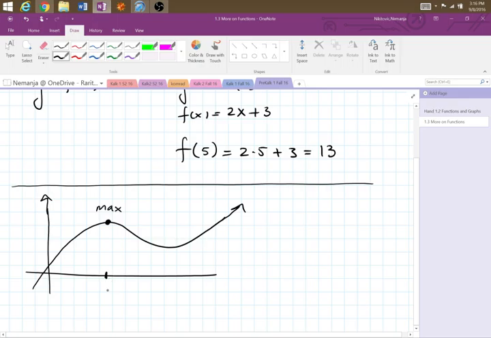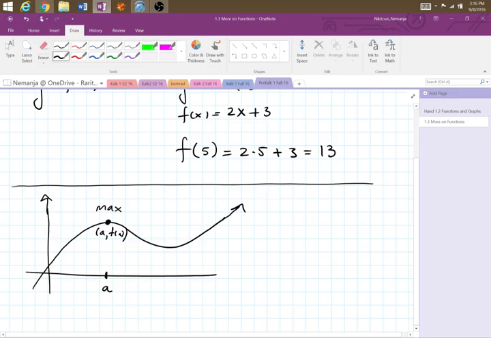Let's call that point A. Now if I plug in A into the function, the answer for it would be f of A. So the coordinates of these points are A, f of A. That's mathematical notation. A, f of A.